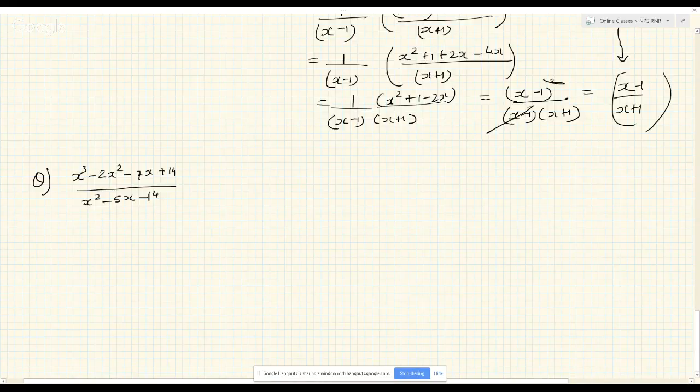Another one is, another question is, minus x cube minus 5x square minus 2x plus 24 divided by... just give me a moment.